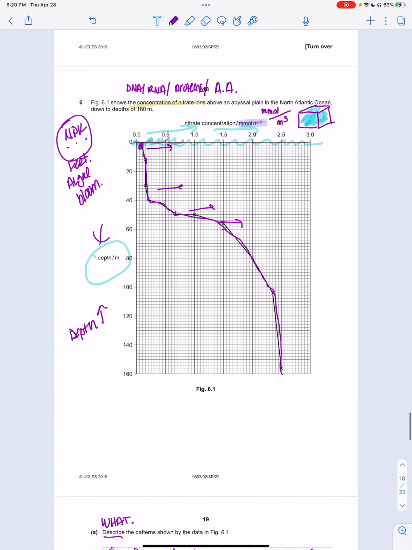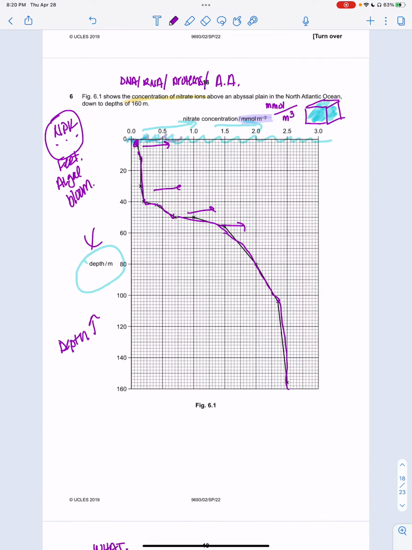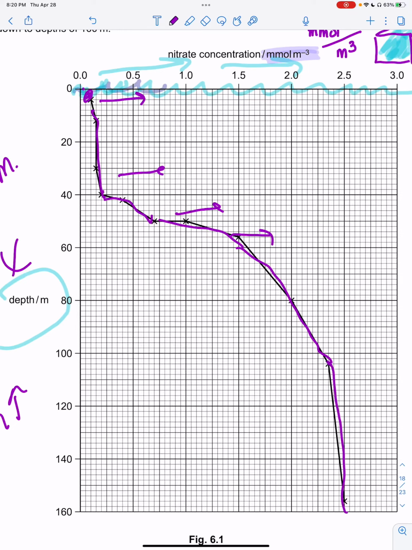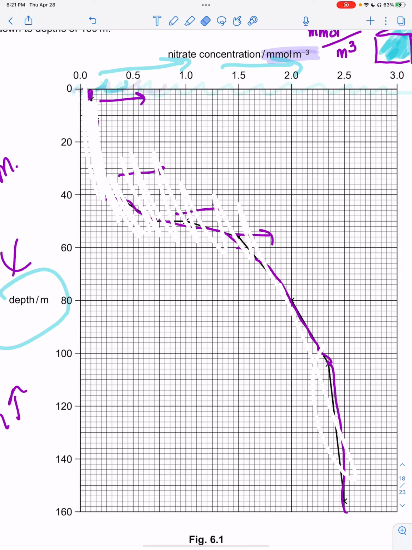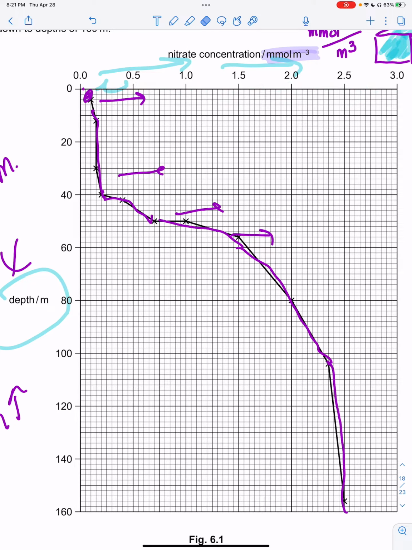Do you see anything else that's a little bit different? Within this line, it is not a constant change. So that's what I'm asking: is there an area that maybe increases more than another, or doesn't increase more than another?